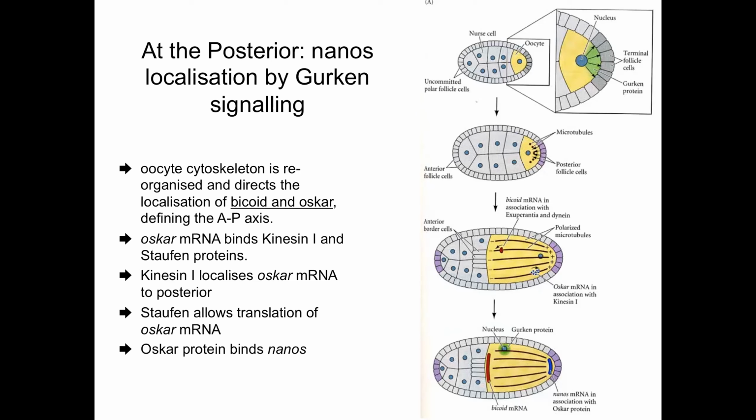What happens is that initially the nucleus is more towards the posterior end, and gradually the nucleus then migrates, and the nucleus has this Gurken protein. The Gurken protein is very localized around the nucleus, and so here it activated the terminal follicle cells at this end and defined one termini, and gradually moves along towards the anterior side, towards one end.